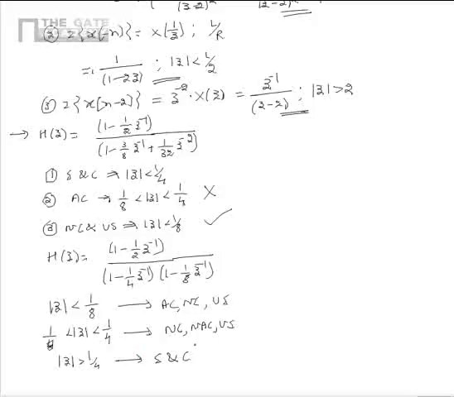But please note that statement 1 doesn't correspond to a possible ROC of the system as the ROC mod z less than 1 by 4 contains the pole 1 by 8. From this, we see that statement 1 is also not correct. So here we see that the statement corresponding to mod z less than 1 by 8, that is the third statement, is the only correct statement.